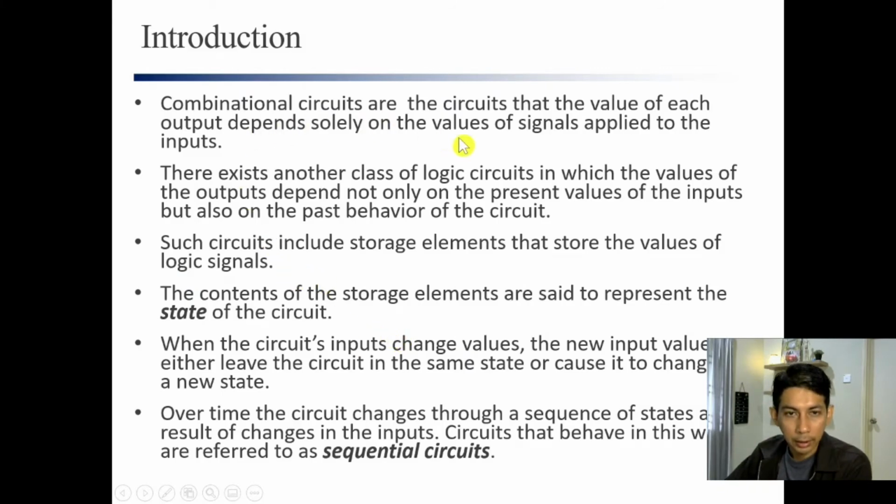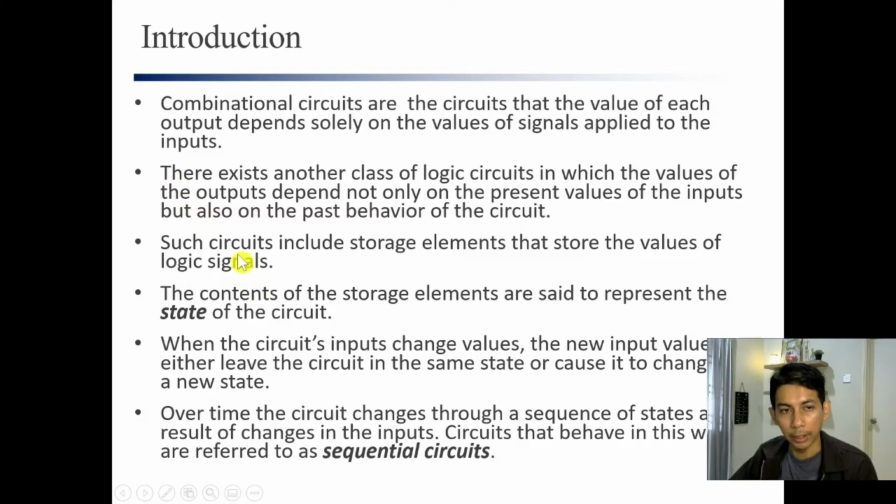So this is what I said before, where combinational circuits are circuits where the value of each output depends solely on the value of the signals applied to the inputs. So remember, for a combinational circuit, the output depends on the input, so it will change immediately after one of the inputs changes.